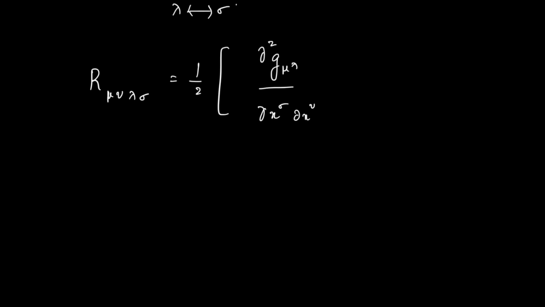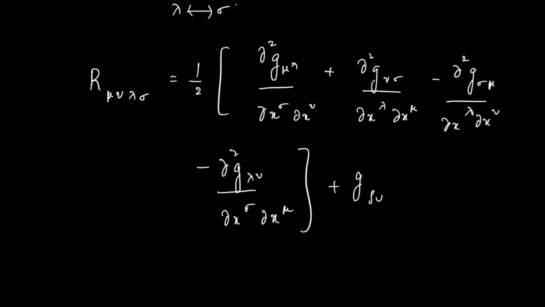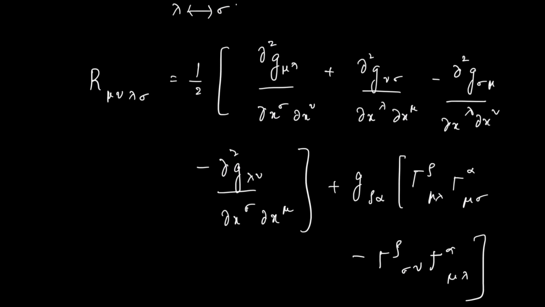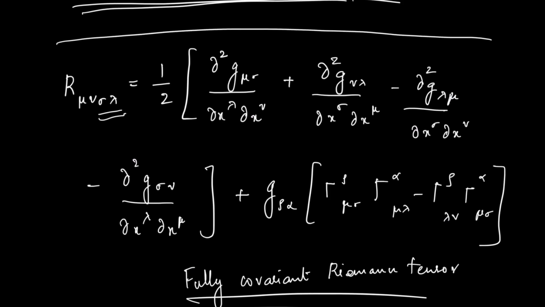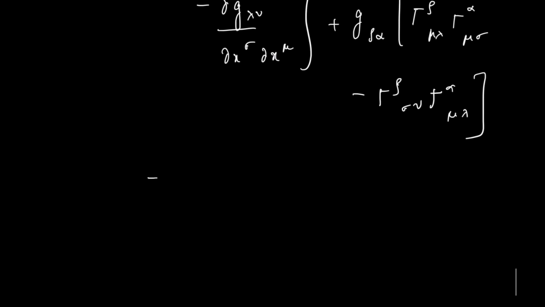x sigma x nu plus, with respect to x lambda and x mu, minus partial derivative of g sigma mu with respect to x lambda x nu, minus partial derivative of g lambda nu with respect to x sigma x nu, plus g rho alpha, rho mu lambda, Christoffel symbol alpha mu sigma minus, if you compare this with the original fully covariant Riemann tensor before interchanging, then this is equal to minus R mu nu sigma lambda.